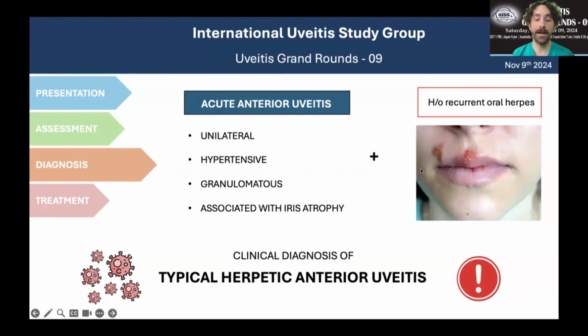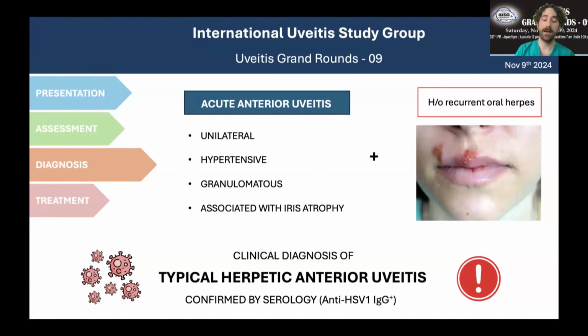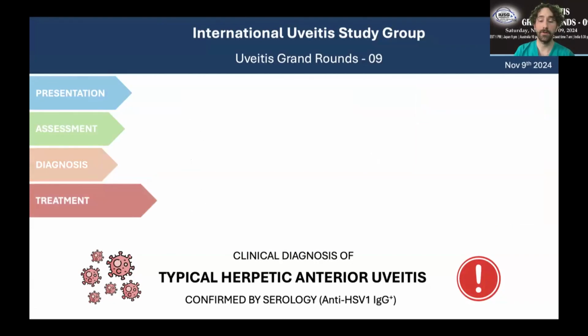Then we made a clinical diagnosis of typical herpetic anterior uveitis. We then performed serology that confirmed our suspicion with positive titers of anti-HSV-1 immunoglobulins.